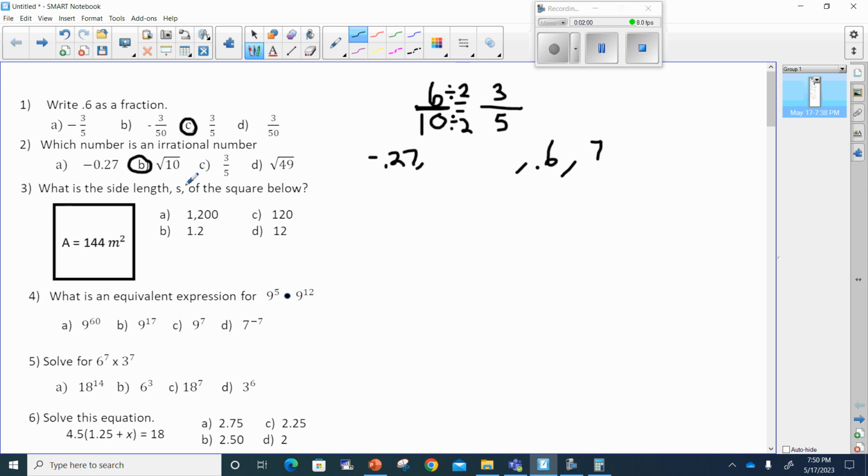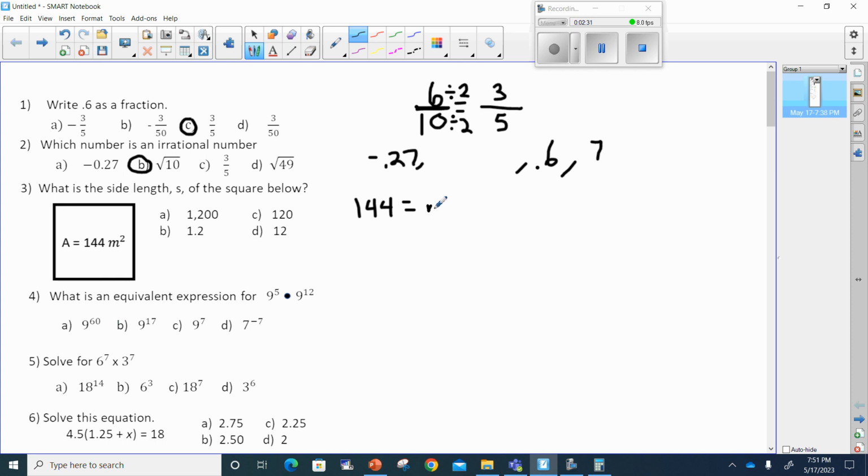What is the side length, S, of a square below? Well, if we're going to work this problem, we got 144, right? 144. And that's basically equal to, we're squaring this, right?